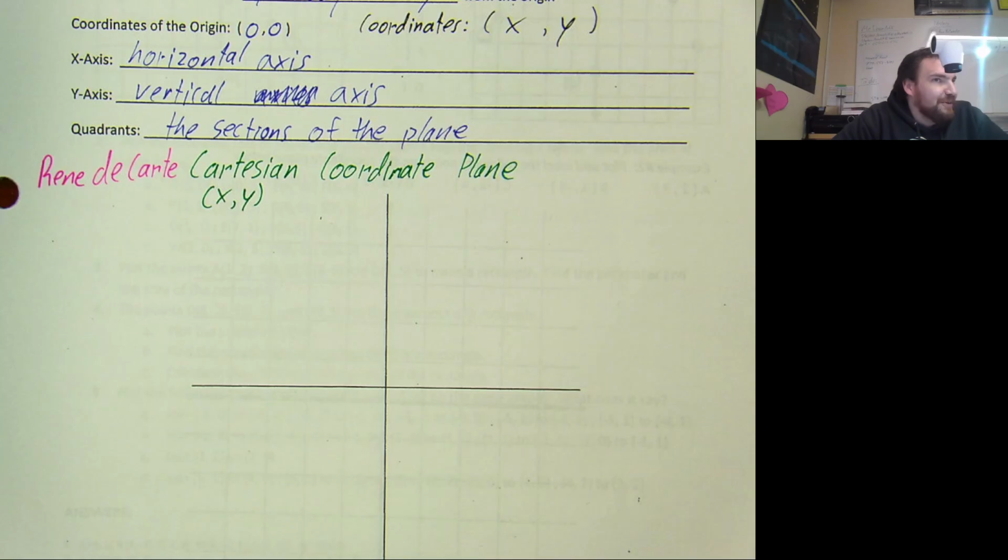I have no idea which way they go. He was a Frenchman. He is now long dead. He was a philosopher. He was a map maker. He was a mathematician. He did all sorts of stuff, because back in the day, if you did one thing, you kind of did everything. He was also a philosopher who said, I think, therefore I am. If you've ever heard that phrase, that was one of his famous quotes.